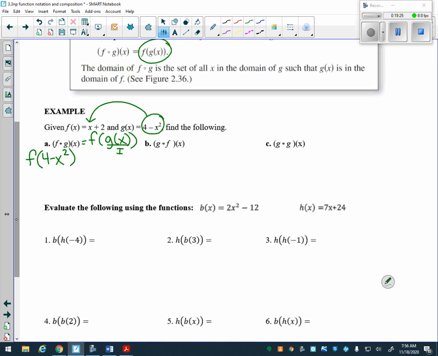So what do I do? I take 4 minus x squared and input it to the x of the f function. So you have 4 minus x squared plus 2. Then you simplify. So here we have negative x squared plus 6 as our function. Okay?